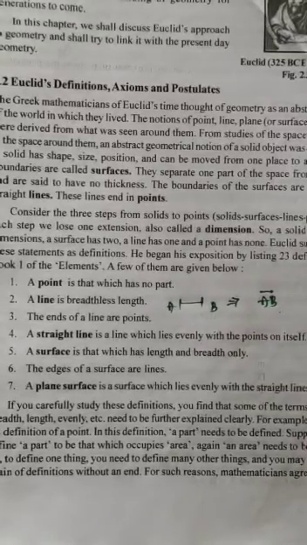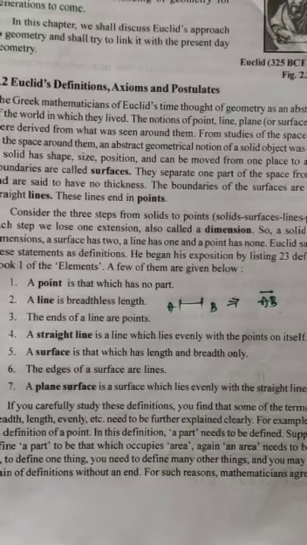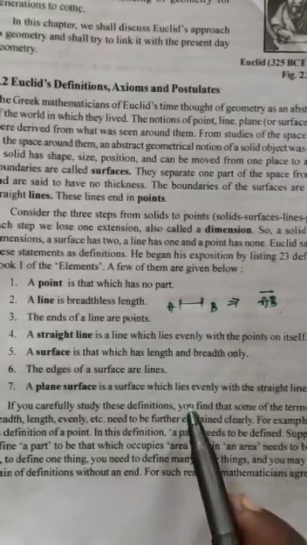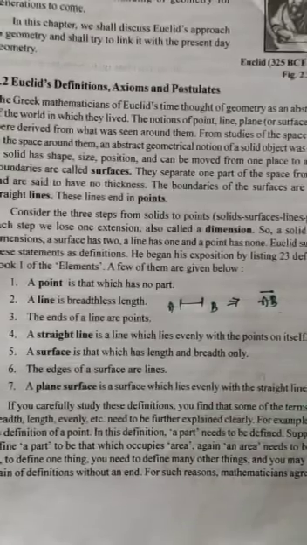A surface is that which has length and breadth only. A surface has two dimensions, that is length and breadth, there is no height. The edges of a surface are lines. A plane surface is a surface which lies evenly with the straight lines on itself.